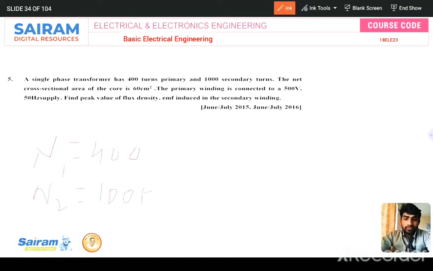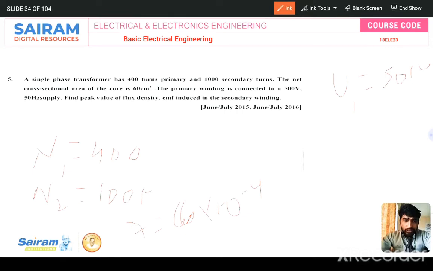And the net cross sectional area of the core is given 60 centimeter square. So I can write 60 into 10 raised to minus 4, right? And the primary winding is connected to a 500 volts 50 hertz supply. So V1 is given 500 and 50 hertz supply. Find the peak value of flux density.